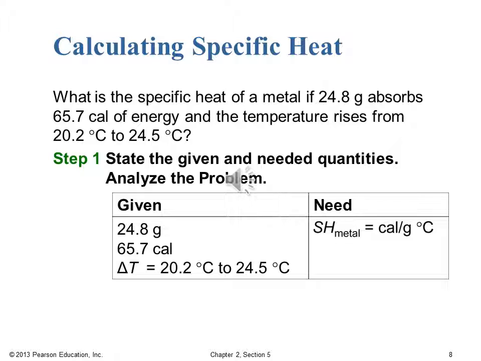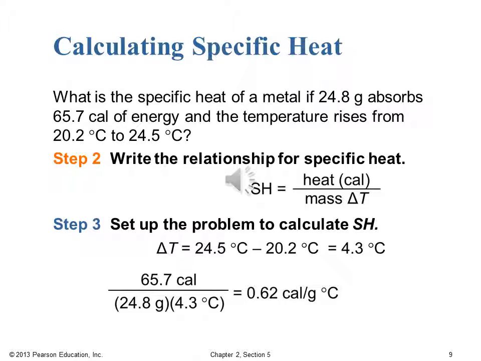We're given the mass of the metal is 24.8 grams. We're given the calories of energy, 65.7 calories. And we're given the temperature change from an initial temperature of 20.2 degrees Celsius to a final temperature of 24.5 degrees Celsius. What we need ultimately is the specific heat of that metal in units of calories per gram degree Celsius.